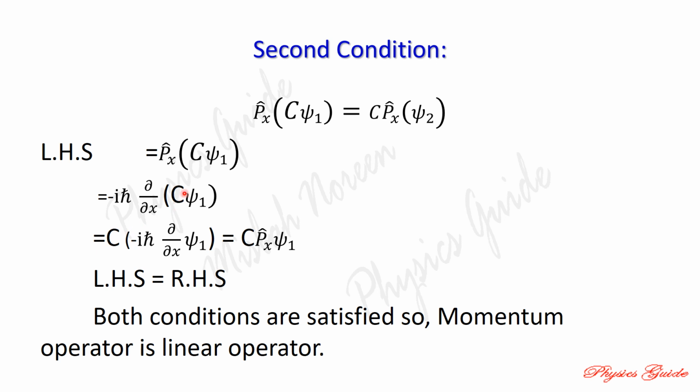We know that c is a constant, so we take the constant outside and multiply it with psi of 1. So minus iota h cut curly over curly x into psi of 1. So c times this value of momentum operator p of x into psi of 1. So left hand side equal to right hand side. Both conditions are satisfied. So the momentum operator is a linear operator.